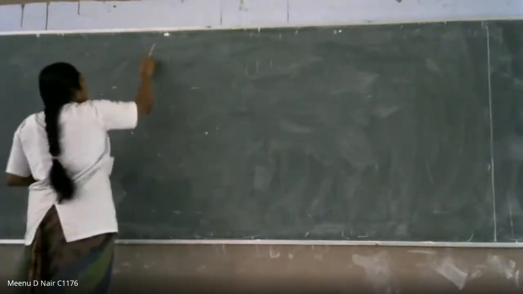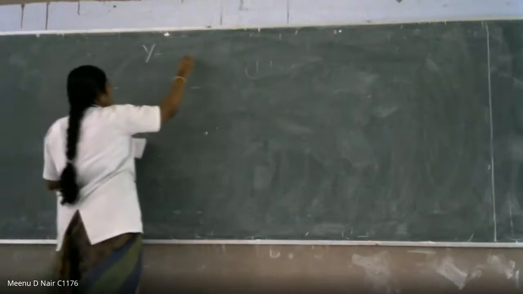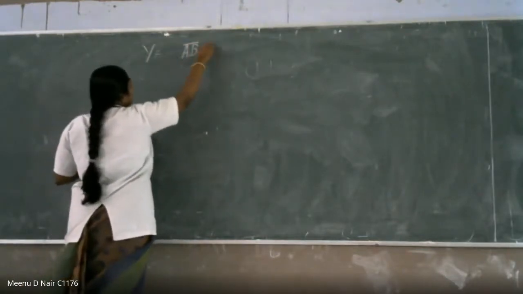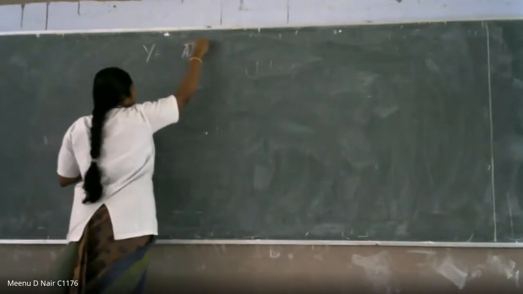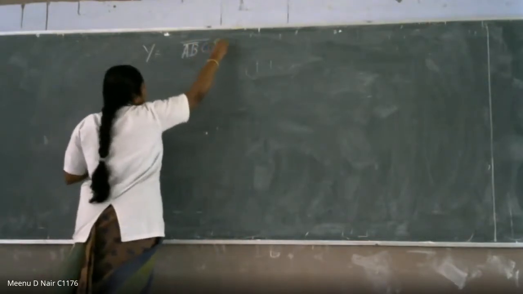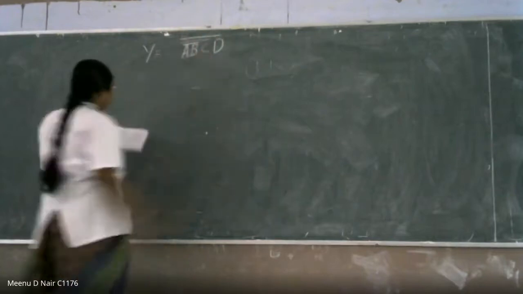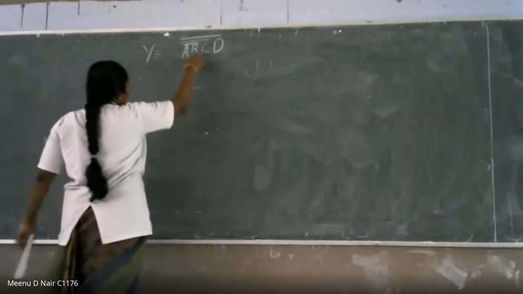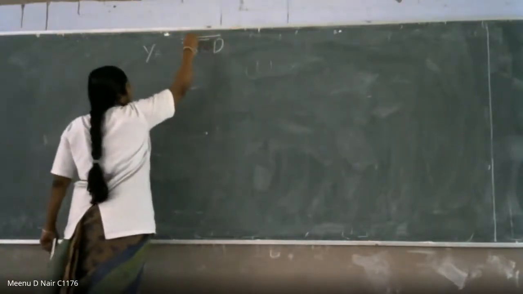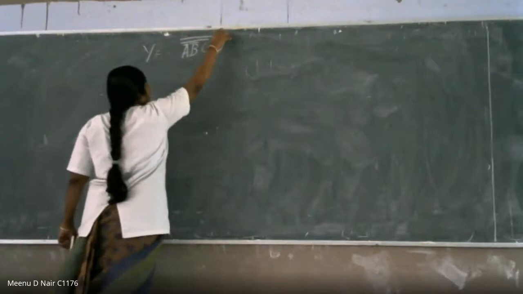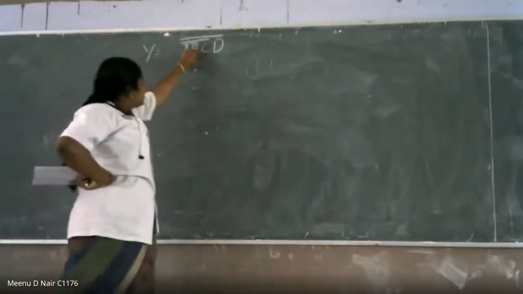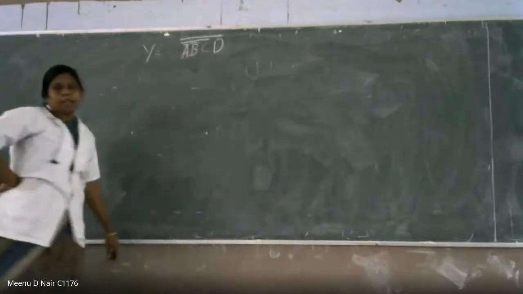So your next question is, Y is equal to the complement of A B bar C bar D bar, that is, A B bar, then C bar, then D bar.